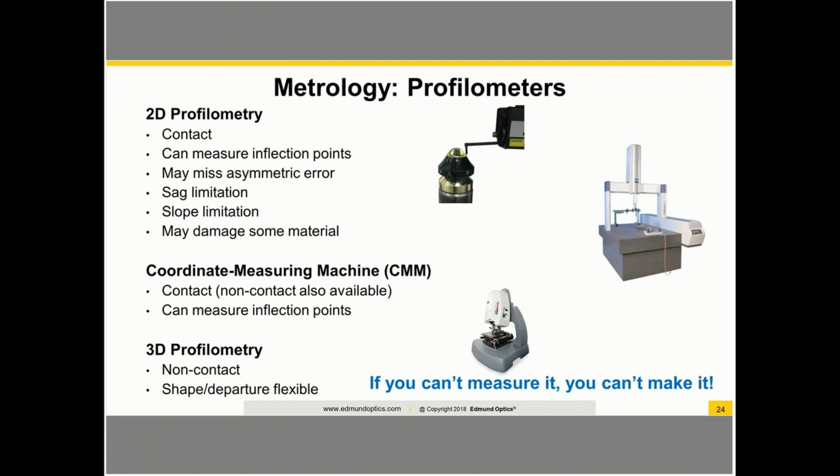In addition to a 2D profilometer, we also have 3D profilometry. A 3D measurement is required if you want to locate any non-rotationally symmetric errors, such as astigmatism. A profilometer can also be contact or non-contact. Also worth mentioning are coordinate measuring machines, or CMMs, which use a probe over the surface of the lens to get a full image of what the lens looks like.